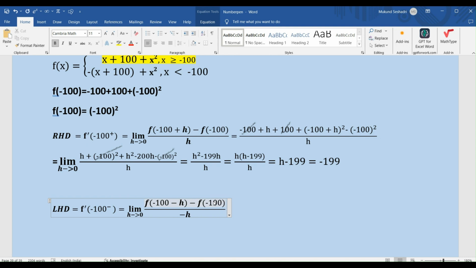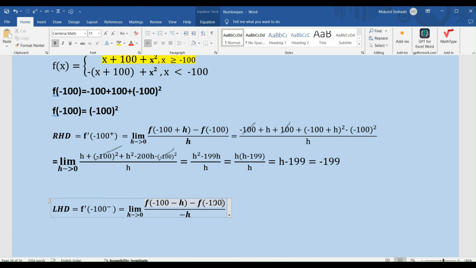And now that we have an expression on our screen, which we will have to further expand by substituting x with minus 100 minus h, right? So what is f of minus 100 minus h?